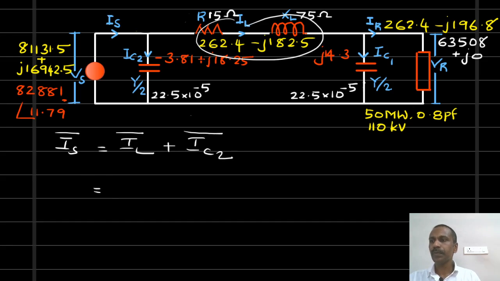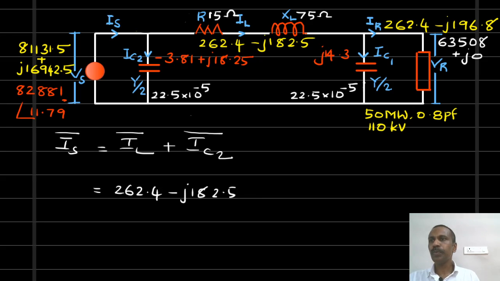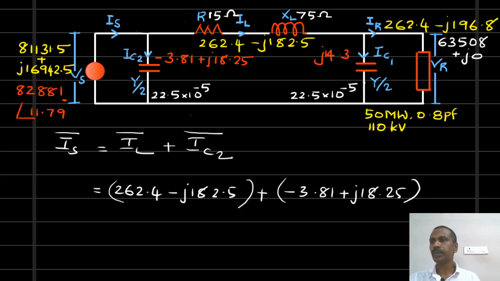IL is 262.4 minus J 182.5 plus IC2 equals minus 3.81 plus J 18.25.